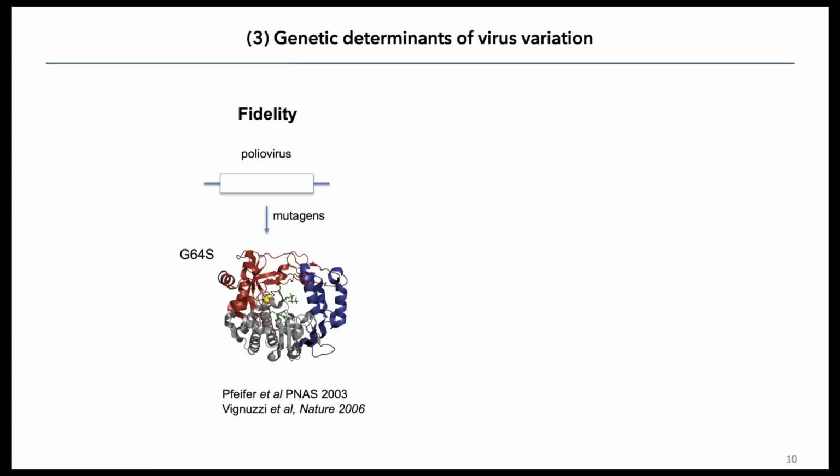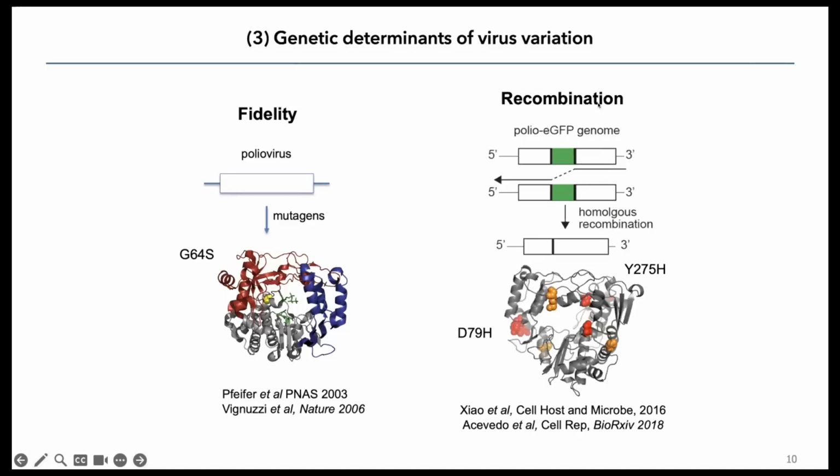And so using some genetic approaches, also Julie Pfeiffer and Kirkegaard's lab, obtained mutations in the polymerase by passing the virus in the presence of mutagens, and also recombination could be selected in a genetic screen by using this recombinant EGFP.